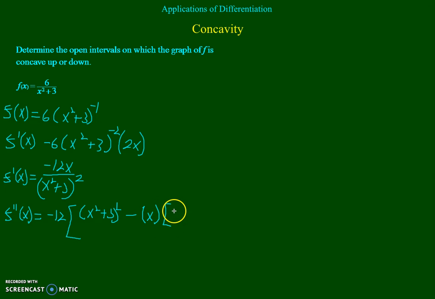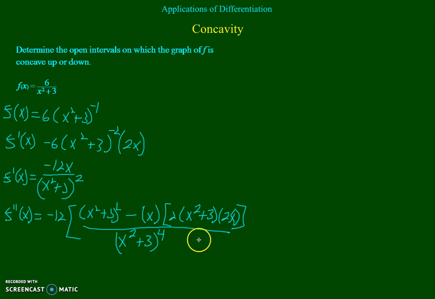And the derivative of the low piece is 2x squared plus 3 times the derivative of the inside, which is 2x, all over the low squared. So that's x squared plus 3 to the 4th.